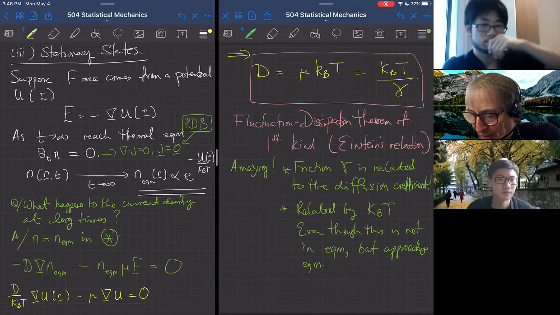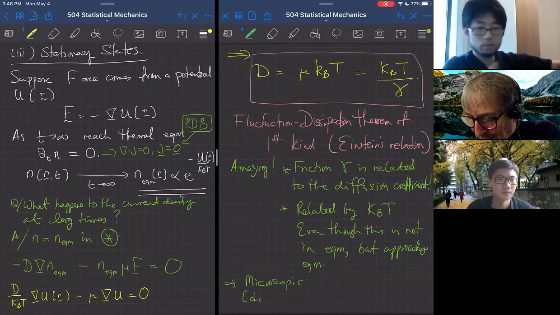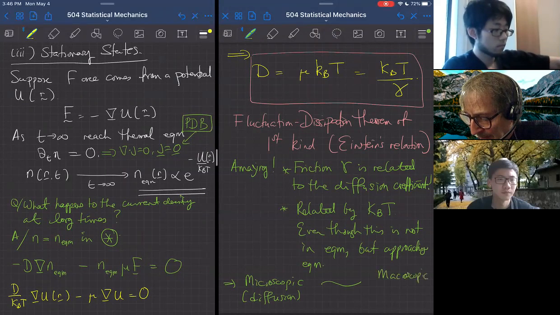And so what we've learned then is that something microscopic, which is the diffusion, is somehow related to something macroscopic, which is the friction.